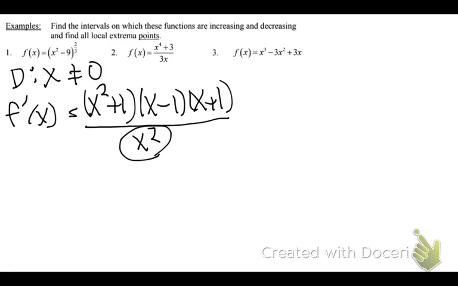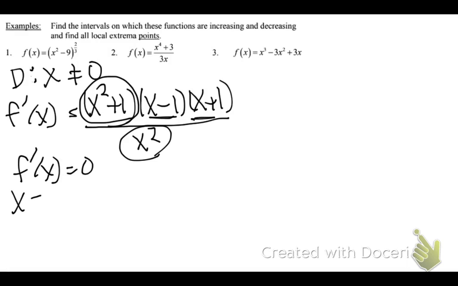It's a value not included in the domain. So f prime of x equals 0. This first factor will never be 0, so it's just going to be these two. So f prime of x equals 0 when x is -1 or 1. And f prime is undefined when x equals 0. This is not a critical number because it wasn't in our domain.